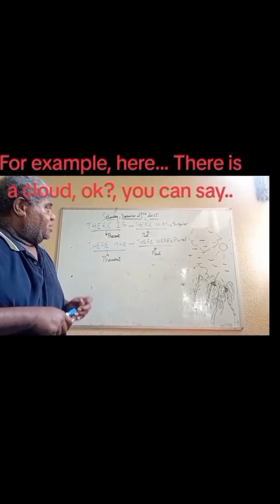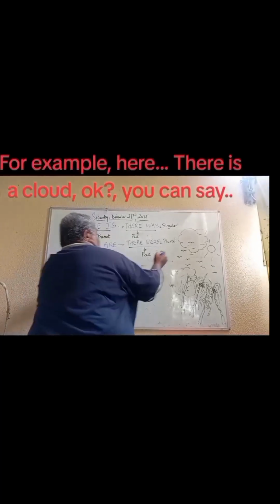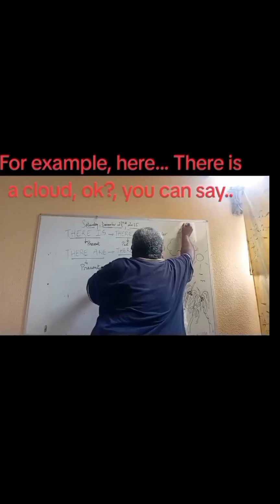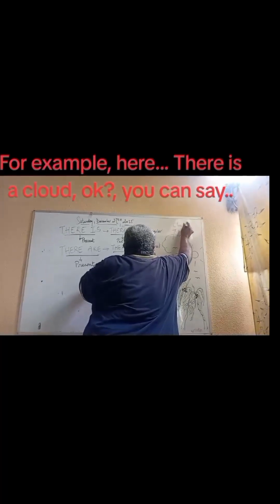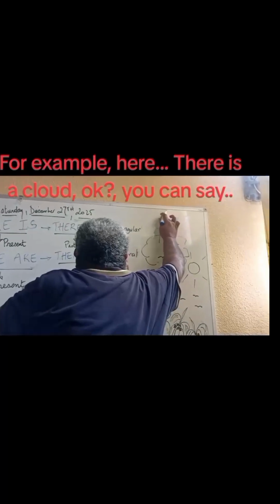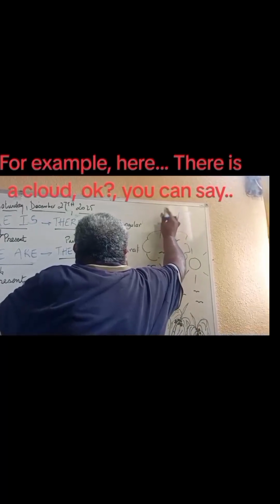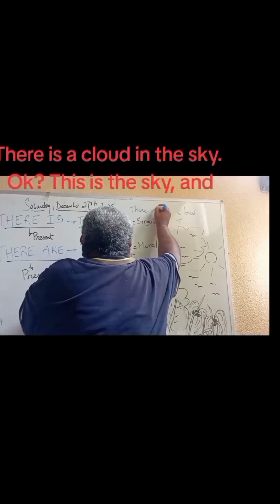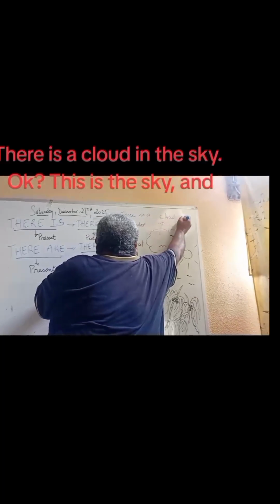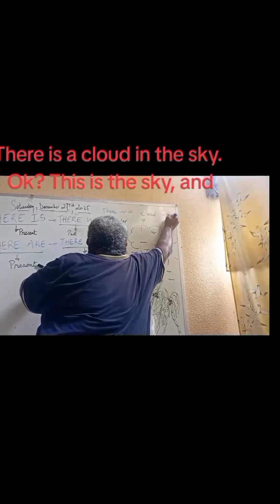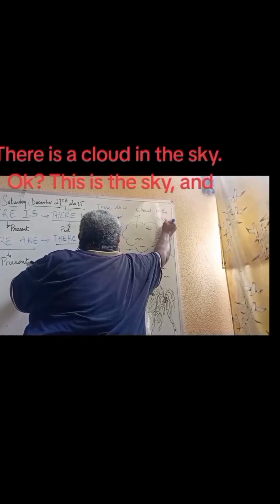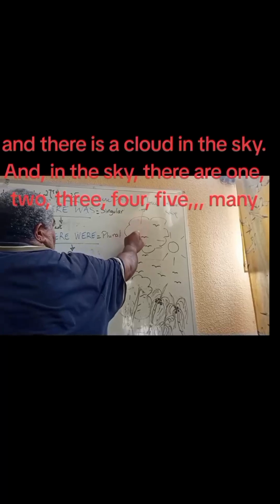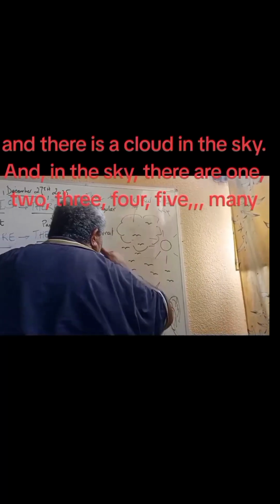For example, here, there is a cloud. You can say there is a cloud in the sky. This is the sky, and there is a cloud in the sky.